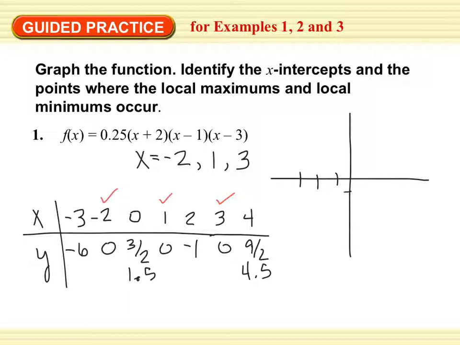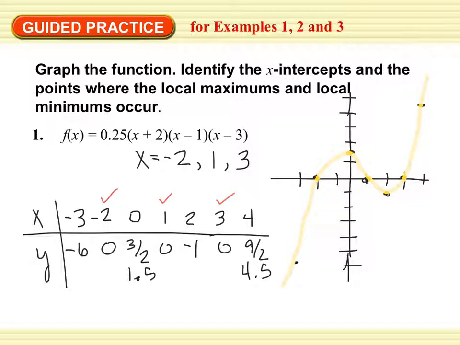That gives us that first point, -2, 0, 0, 3 halves, 1, 0, 2, -1, 3, 0, and 4, 4 1/2. All right, there we go. Get our basic graph. Looking good.